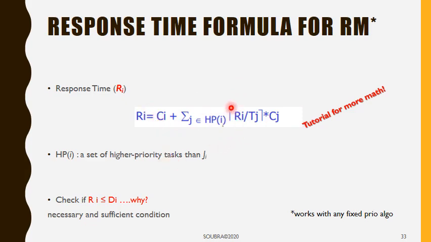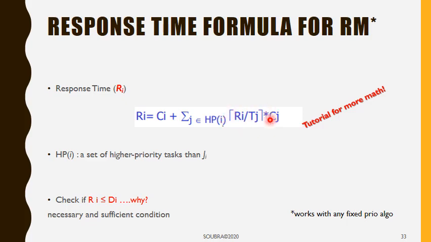Fair enough? And this is the ceiling function, and this is the formula that scientists demonstrated in a juicy scientific paper in the literature. It could be fun. You can look for it on your favorite search engine and read it if you're curious, but we're gonna use it as it is. Fair enough?